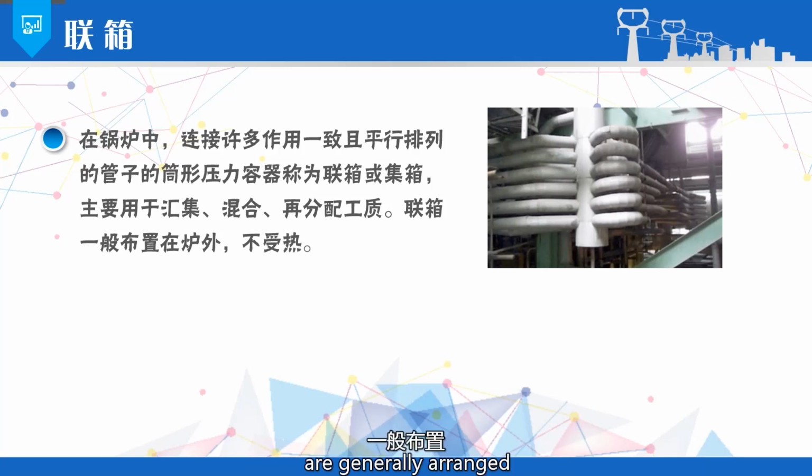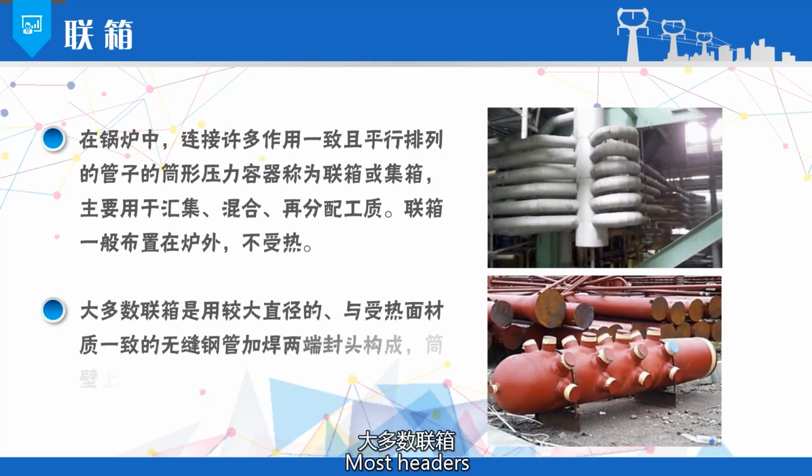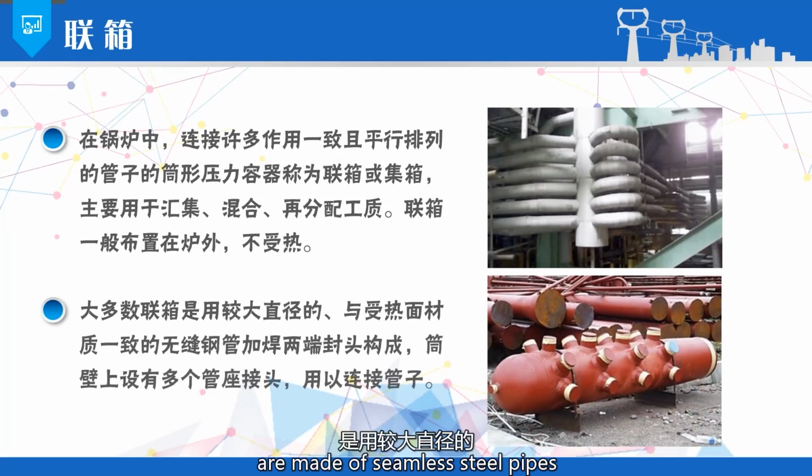Headers are generally arranged outside the furnace and are not heated. Most headers are made of seamless steam pipes with a larger diameter and the same material as the heating surfaces, with end caps welded on both ends, forming a barrier wall with multiple tube sockets for connecting pipes.